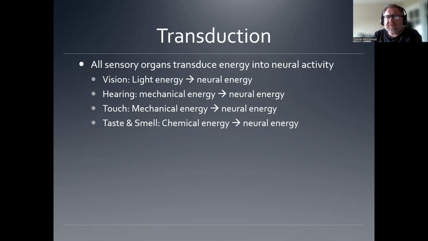I already commented about transduction, so perhaps I can also not linger too long over this particular slide, but the idea is that vision is about converting light energy into a nerve impulse. Hearing, I'm calling it mechanical energy here, because in a way, when you have a sound producing event, like if I clap my hands like this, what's happening is I am compressing the air molecules and I'm creating a pressure wave through the air.